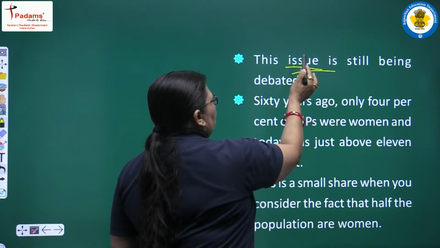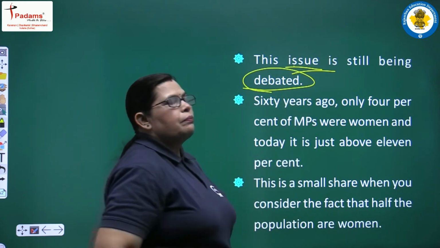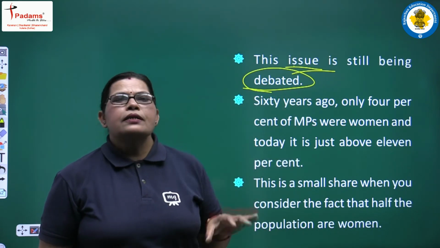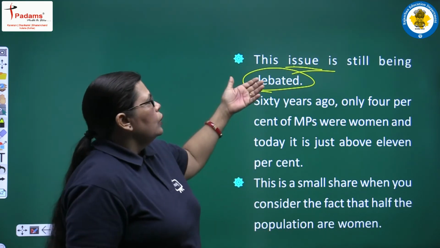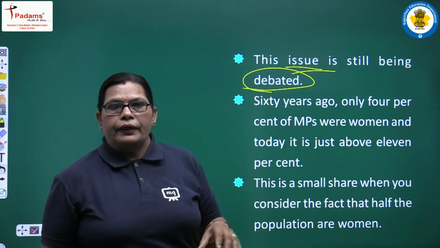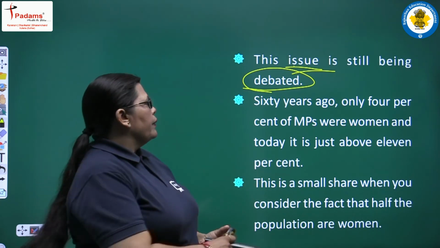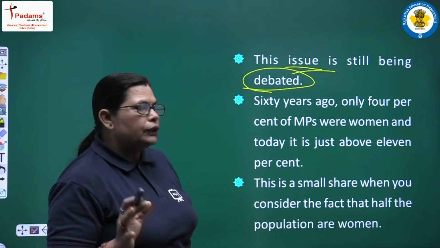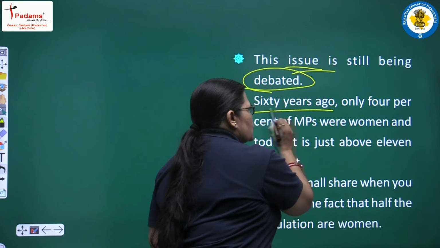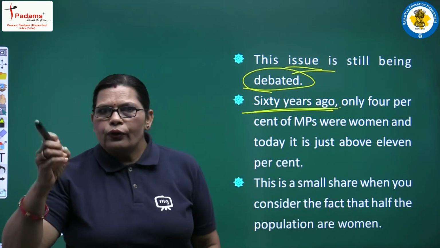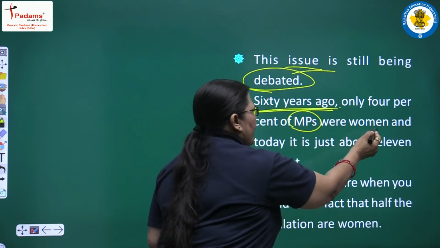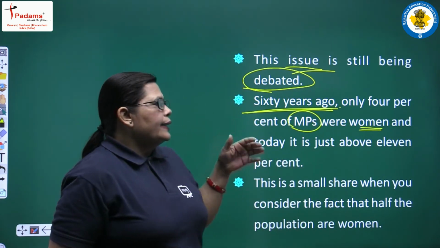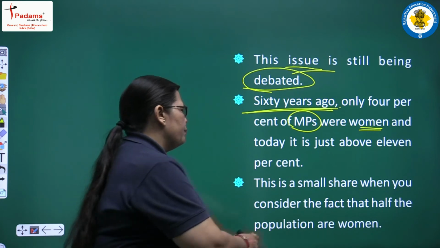This issue is still being debated. Yes, sometimes very few women are there in the parliament, so this issue is still being debated by every person. When we are discussing all these things, the main thing is that 60 years ago only 4% of MPs were women, and today it is just above 11%.